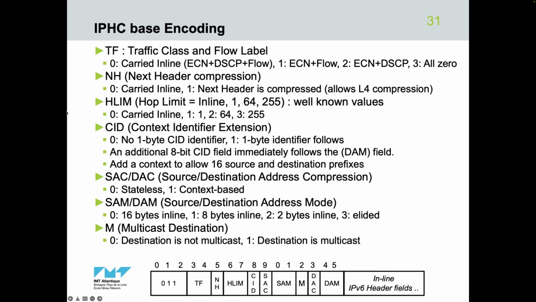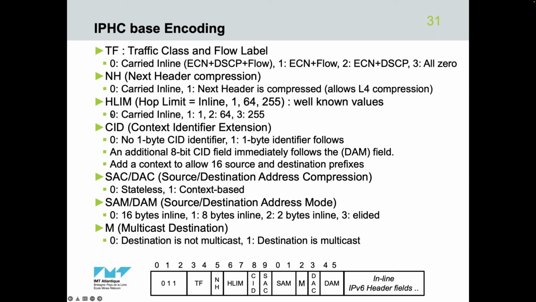Then we have the HLIM, which stands for hop limit, and it represents the hop limit of the original IPv6. As you can see here, there are 4 well-known values: either 255, 64, 1, or 0.